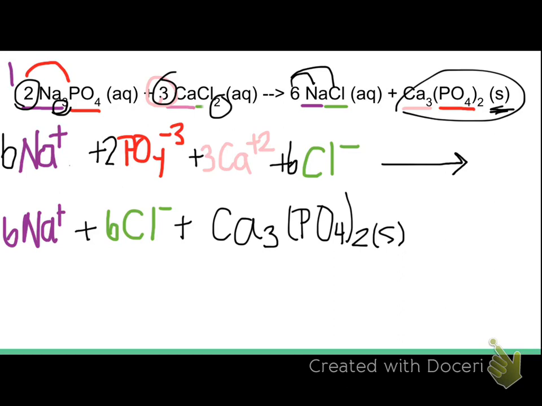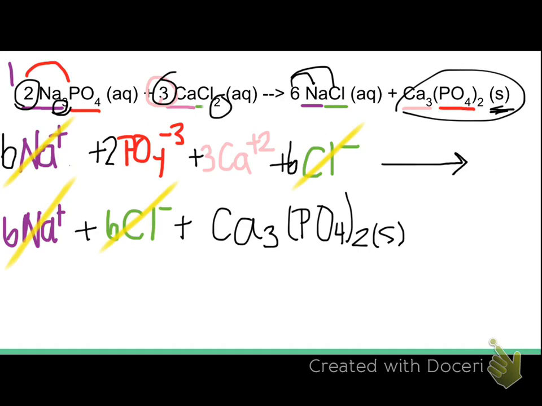All right, so now let's look at our spectators, things that cancel. 6 Na+, 6 Na+, 6 Cl-, 6 Cl-. So before I cross those out, that was our ionic equation. Okay, so we have our molecular up top, and then we have our ionic equation with step 2.